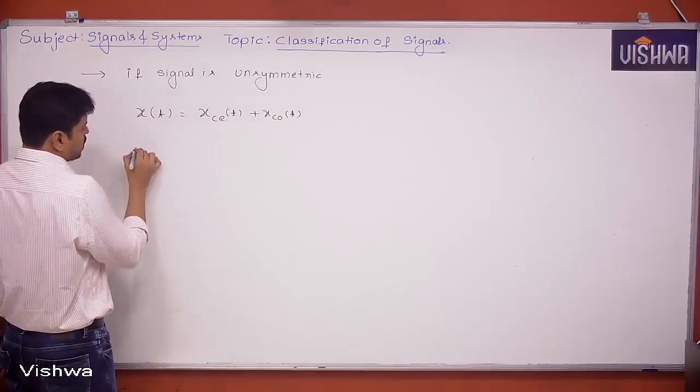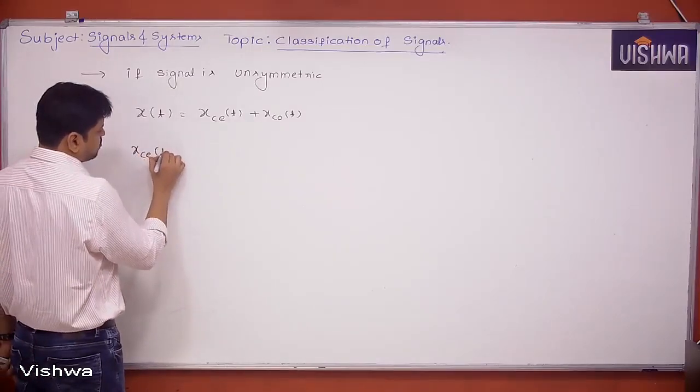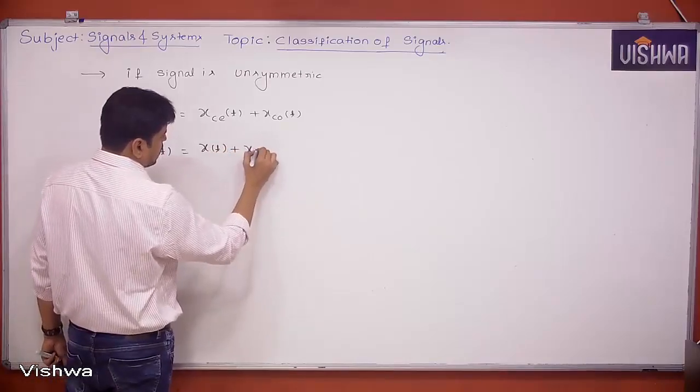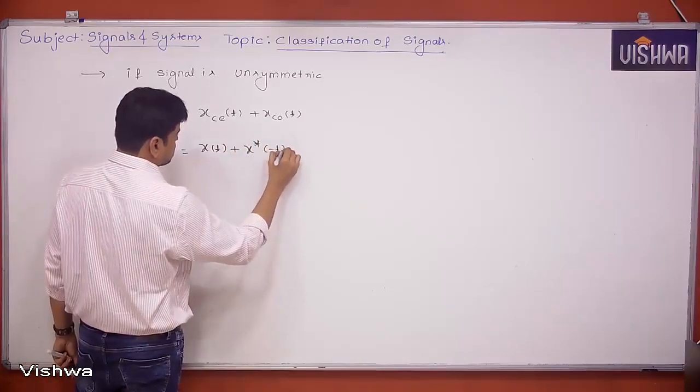You know how to calculate the complex even part? x of t plus x conjugate of minus t by 2.